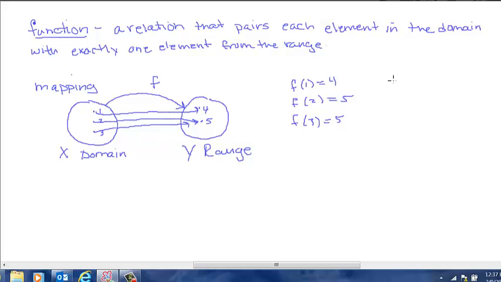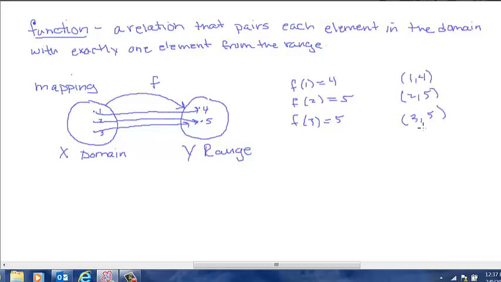Another way to look at the function would be to look at the set of ordered pairs that would correspond to this unique mapping. So if 1 was mapped to 4, that would give us the ordered pair 1, 4. If 2 was mapped to 5, that would give us the ordered pair 2, 5. 3 was also mapped to 5, so that would be 3, 5.